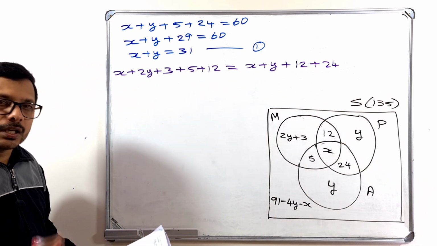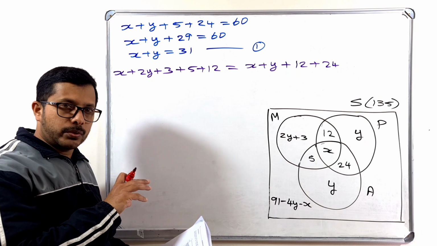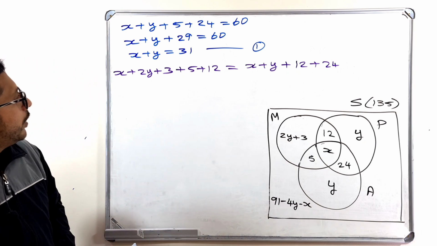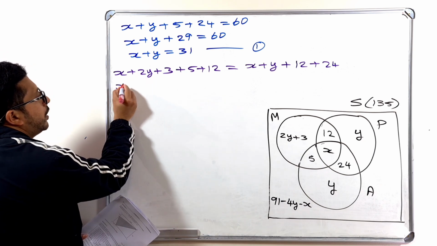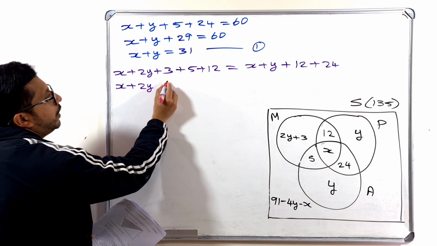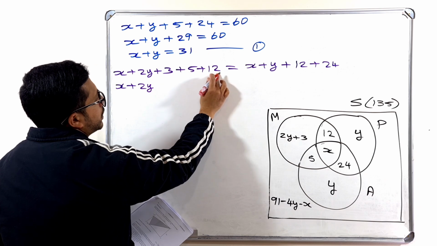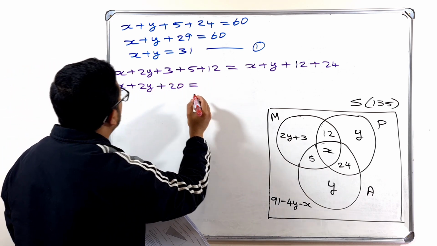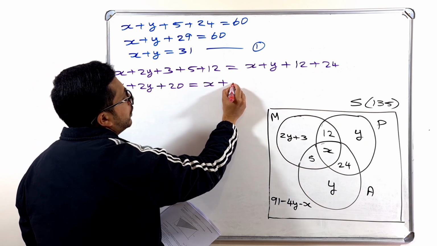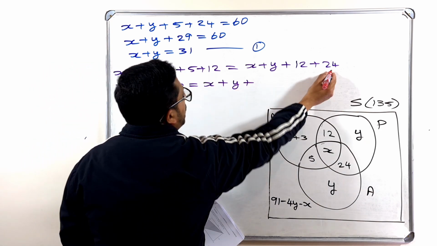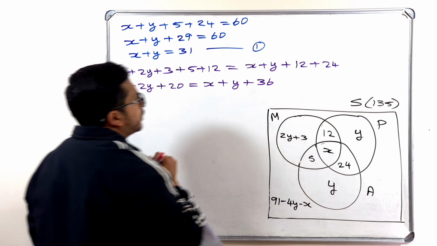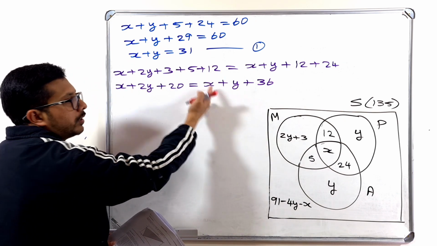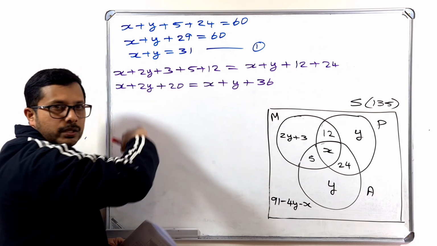So from that last expression, the number of math students and the number of physical science students are equal. Now we have to simplify this. The sum of the constants is 17 plus 3, which is 20, so x plus 2y plus 20 is equal to x plus y plus 12 plus 24, which is 36. Now take this x plus y to this side: minus x and minus y.